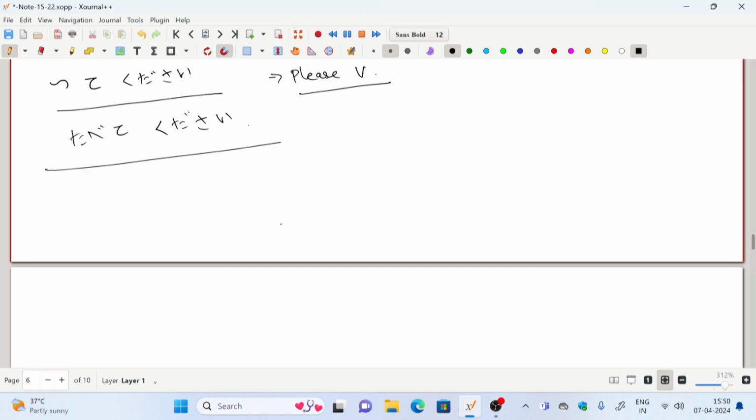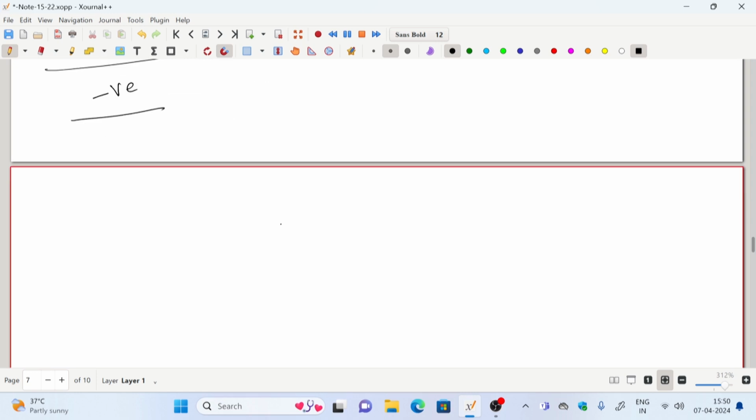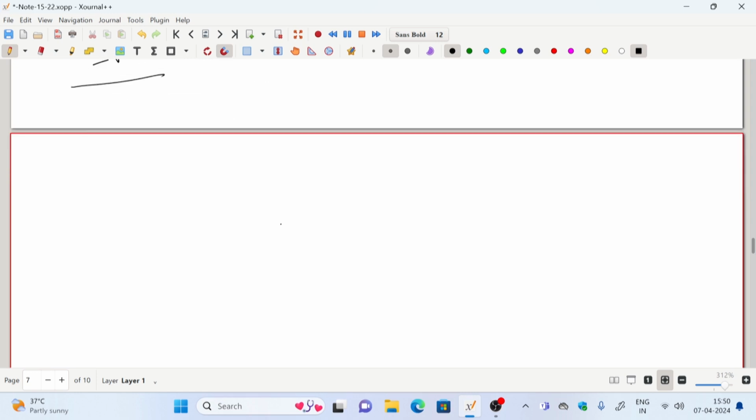But if we want to use this in the negative, how will we make the negative form of any verb in te form? Masu will change into masen. Similarly, te will change into naide.